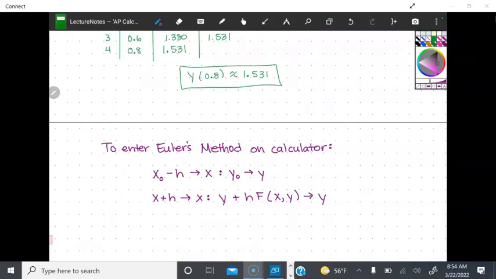And then enter, enter, enter, and so on. So when you see those couple of problems on the homework where you have to do 10 iterations of Euler's method, do this, and all you have to do is hit enter 10 times and write the result each time. It's not that big a deal. Like I said, the most tedious part is going to be writing it all down.